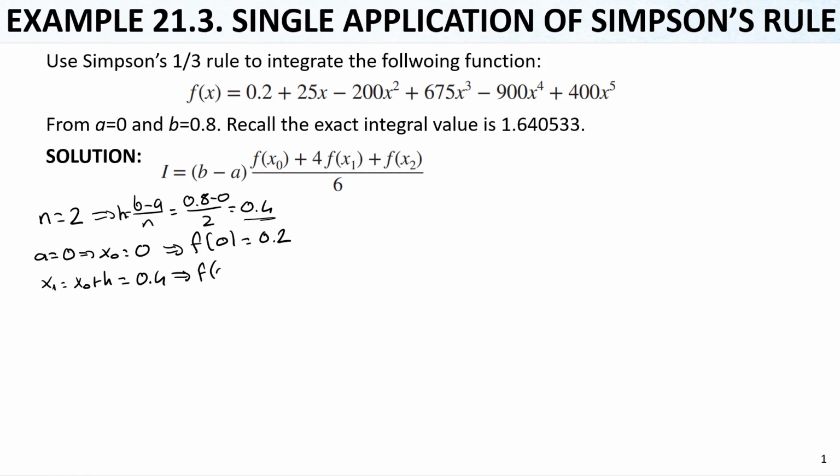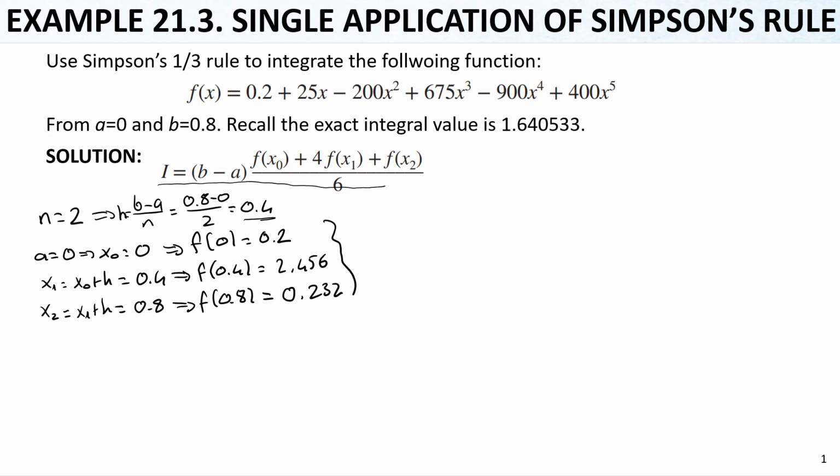Then f(0.4) is 2.456, and for x2 it's actually x1 plus h, which is 0.4 plus 0.4, 0.8, and f(0.8) is equivalent to 0.232. By using these three, we will use a parabola function of the integration, this one.